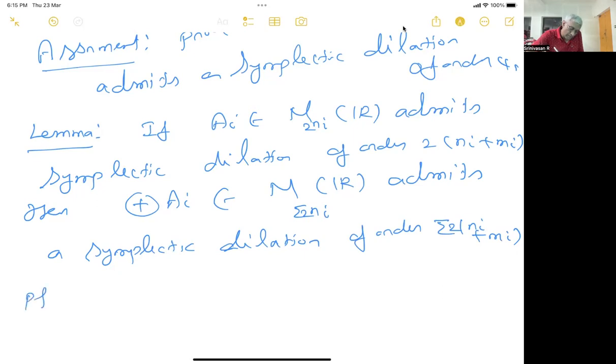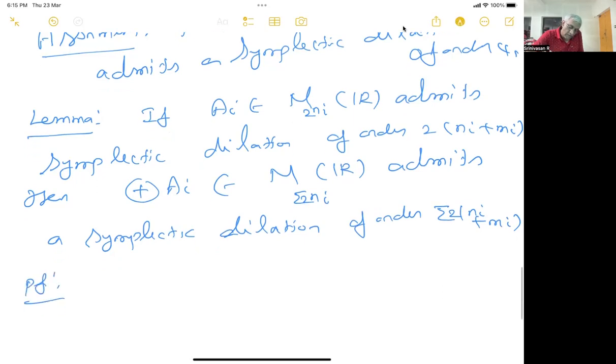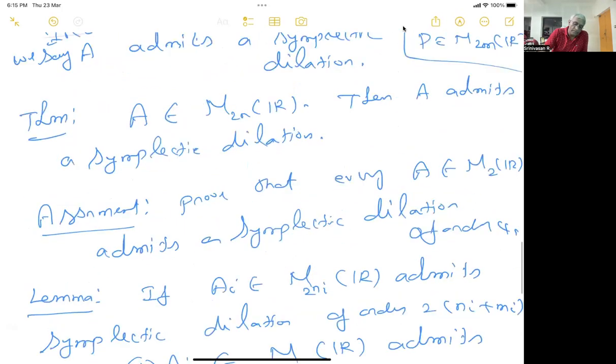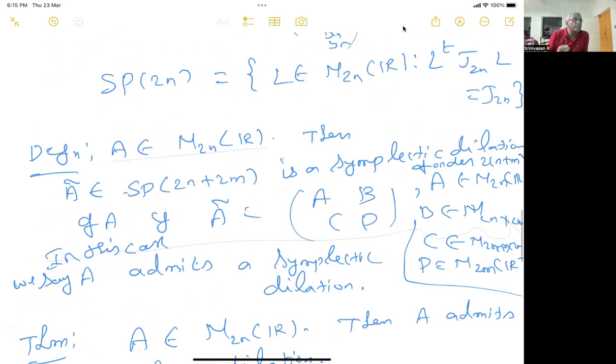Okay. Proof. So let A equal the direct sum of A_i. Okay. And let... Sir, can you scroll up to where you talked about the dilation projection? Yeah. You can write it as a bigger matrix where A sits as the first corner.